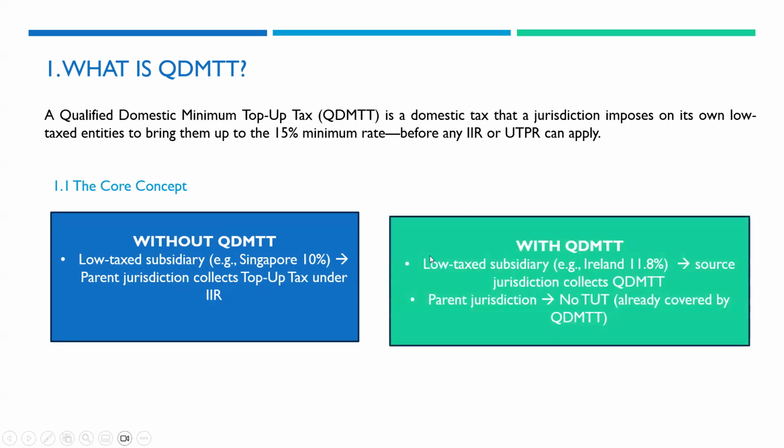But with the QDMTT, for the low tax subsidiary, let's say Ireland at 11.8%, the source jurisdiction collects the remaining 3.2%. And the parent jurisdiction will not collect anything because it's already covered by the QDMTT. So this is what QDMTT brings into the picture. It could take the source countries into confidence to come in and implement Pillar Two.